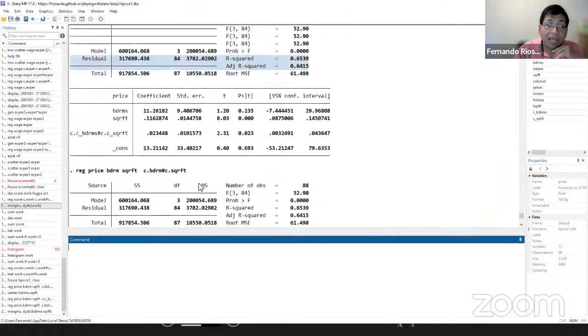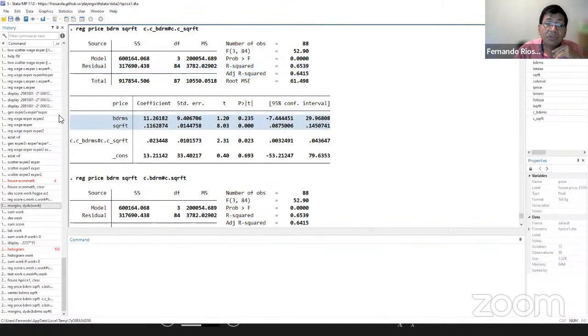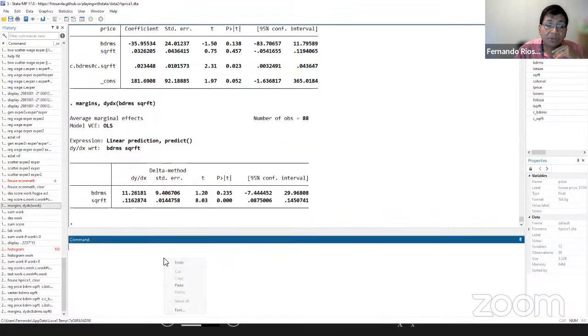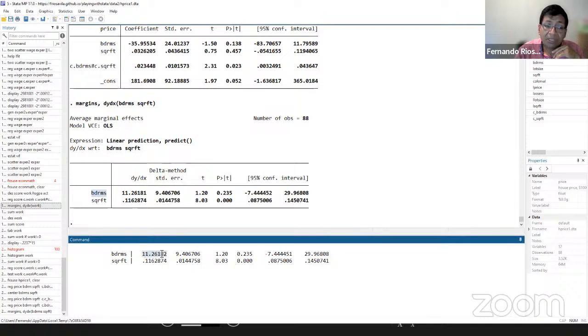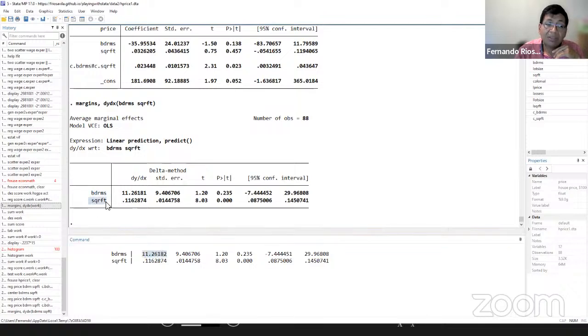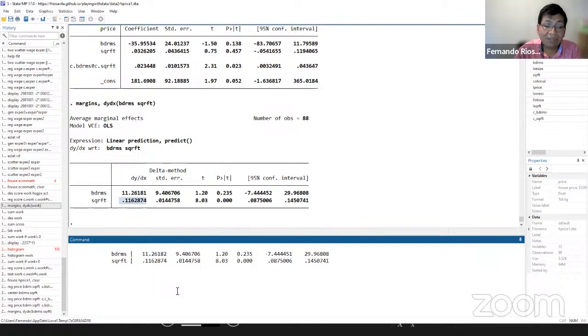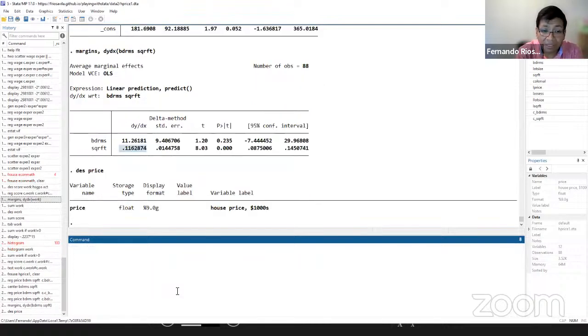And by doing that, I obtain the same results as I would using the manual approach, which is one additional bedroom increases the price of the house by about $11,000, and each additional foot of the house footage increases the price by about $116. And I say it that way because if we describe the prices, it is measuring the house prices in thousands of dollars.